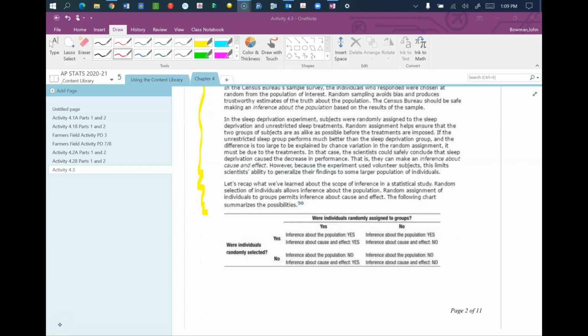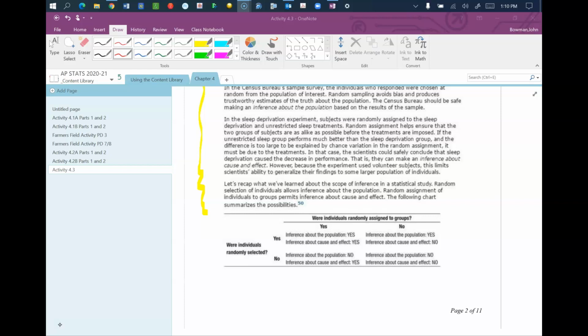So I want to remind you, we take samples or we collect data from samples and we use that information to make inferences about populations. How we collect the data from those samples determines what kind of inference we can make.